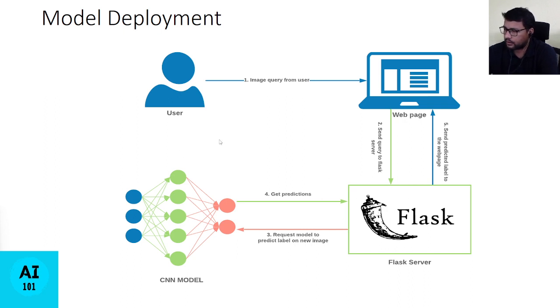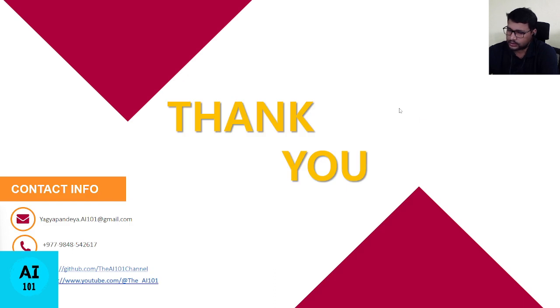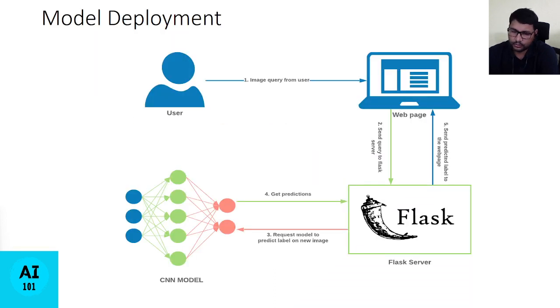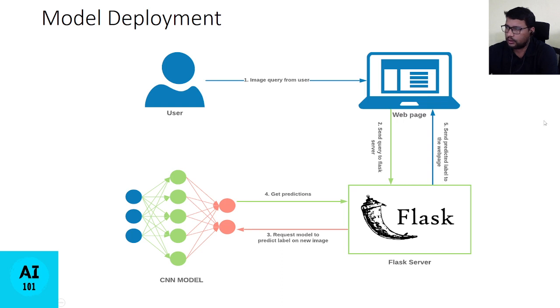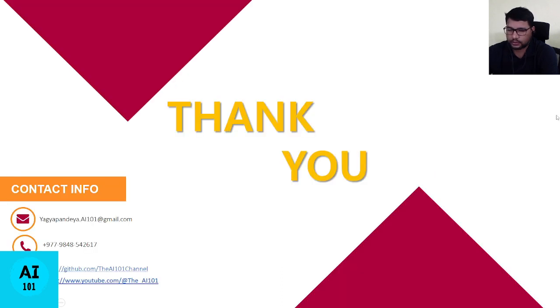For example, here we can see the model is deployed on a web server to provide some web services to the users. Yeah, this is the whole pipeline of this system flow.